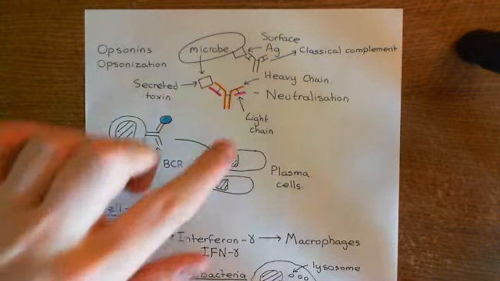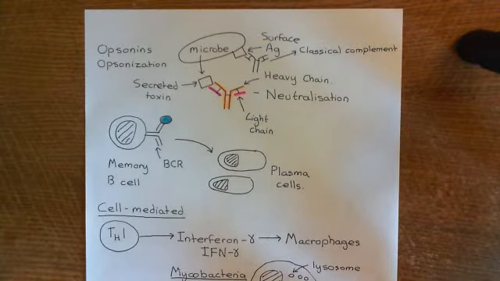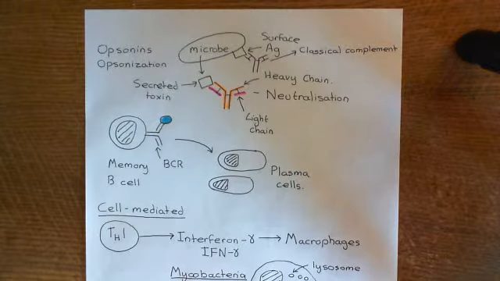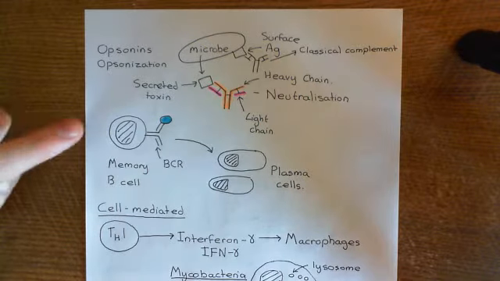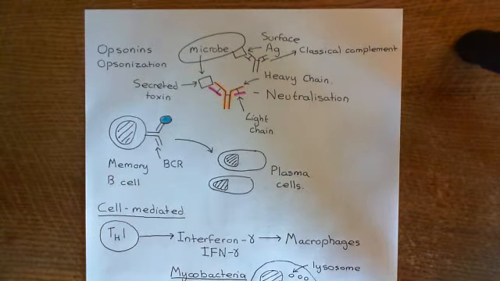Firstly, the antibody can serve as an opsonin, so it can bind to receptors on the surface of phagocytes such as neutrophils and macrophages, and it basically makes the neutrophil or macrophage more likely to phagocytose this microbe. Alternatively, the antibody can recruit the classical complement cascade proteins and lead to the destruction of this microbe through those complement cascades. So that is how antibodies are effective against extracellular microbes.